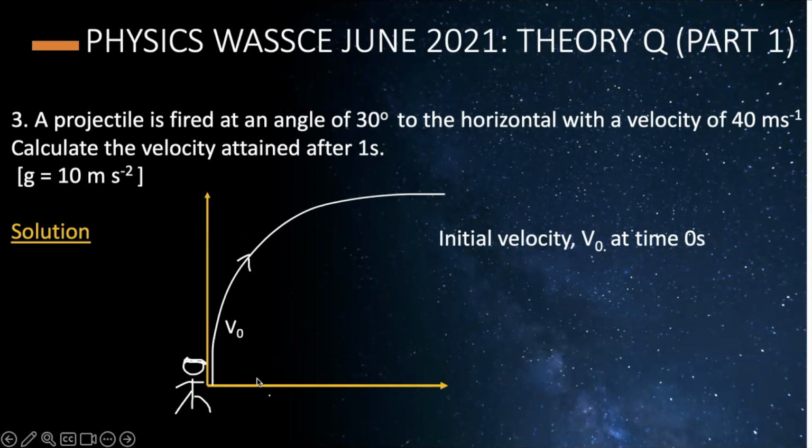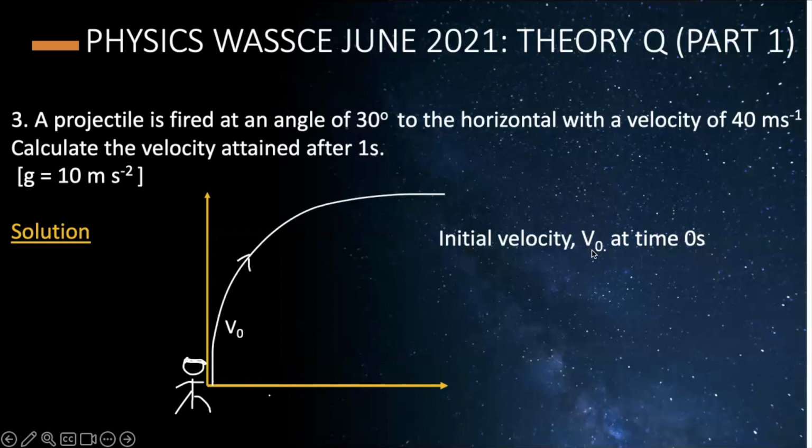Now, it's important that we establish the different parameters at play here. Before this object or the stone is released, everything is zero. At the point of being shot, there is an initial velocity that you give to it. That's what we call V0.